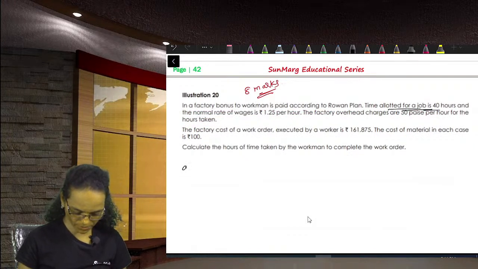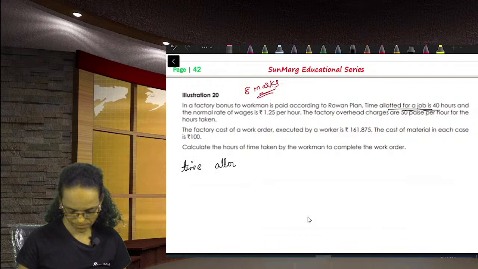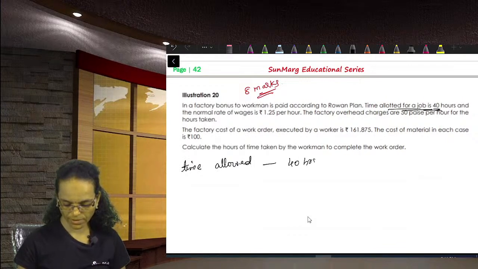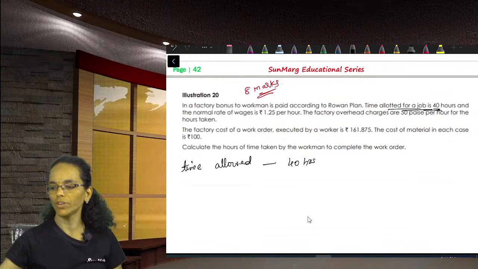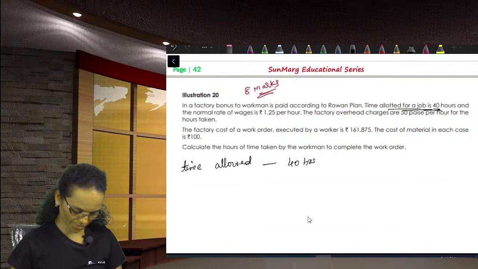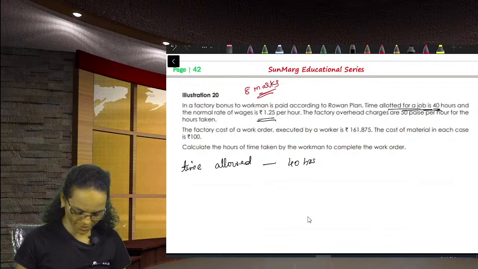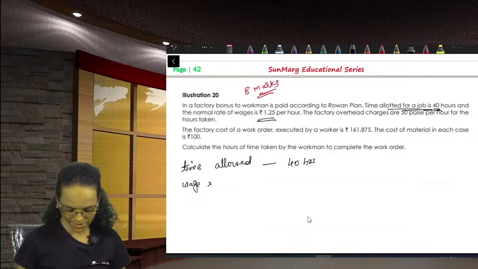Time allowed is 40 hours, which means the standard time is 40 hours. The wage rate is given as 1.25 paisa per hour.